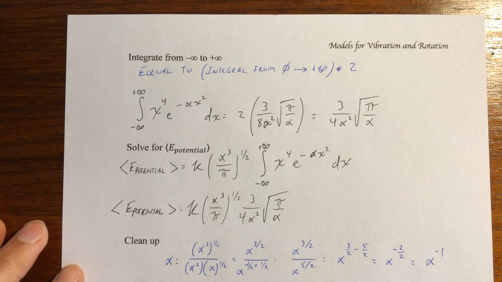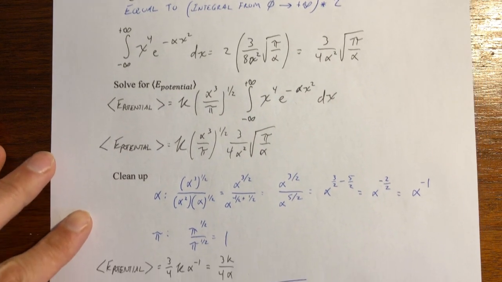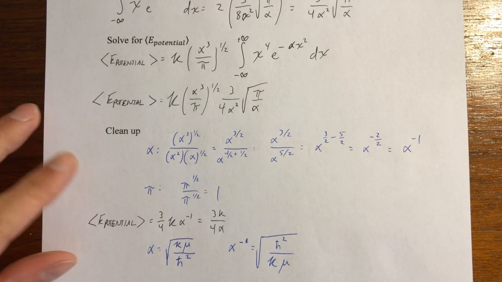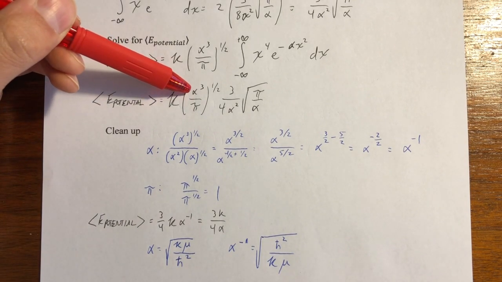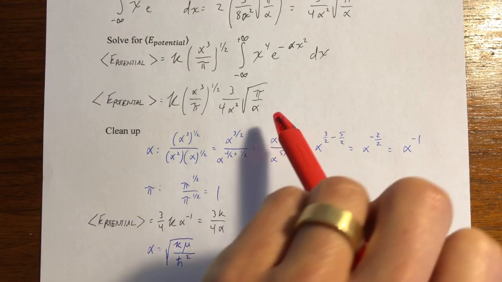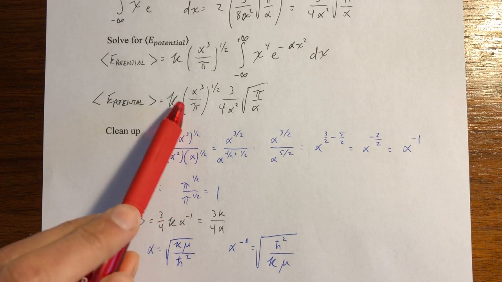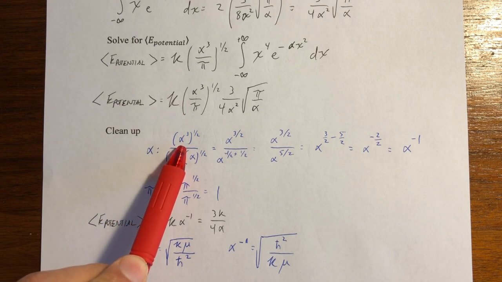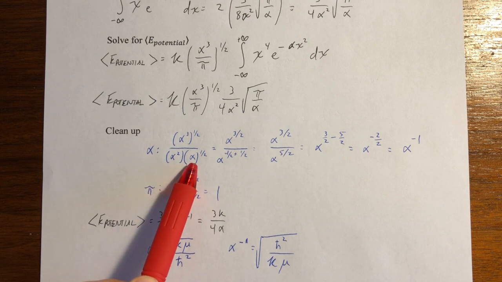Great. Now let's clean this up. First, we're going to focus on cleaning up our alpha values. So alpha appears 3 times in our equation, and we can clean it up as follows. First we have in the numerator alpha cubed raised to the 1/2. In the denominator, we have alpha squared, and we also have alpha raised to the 1/2.